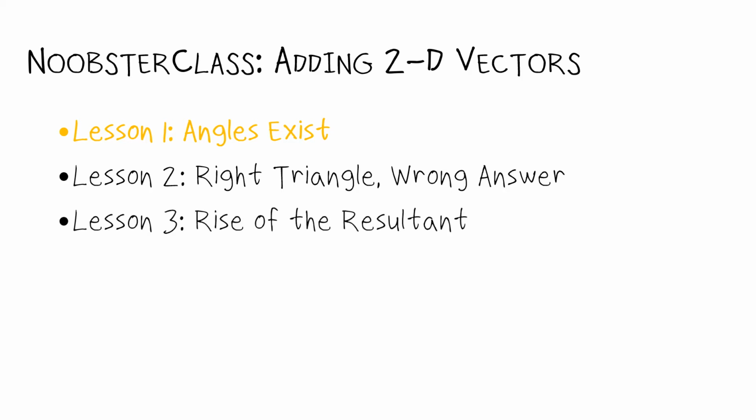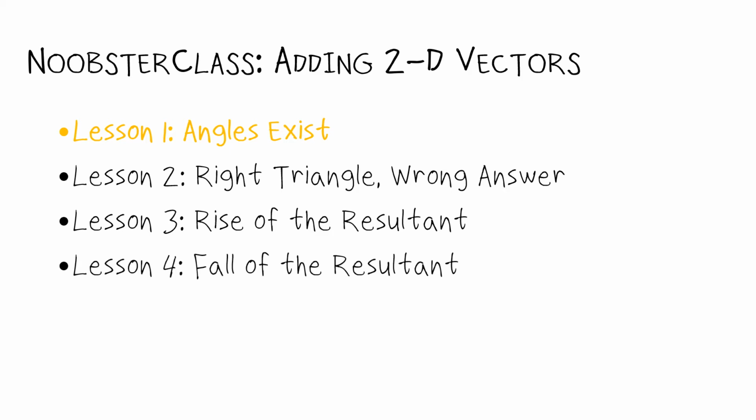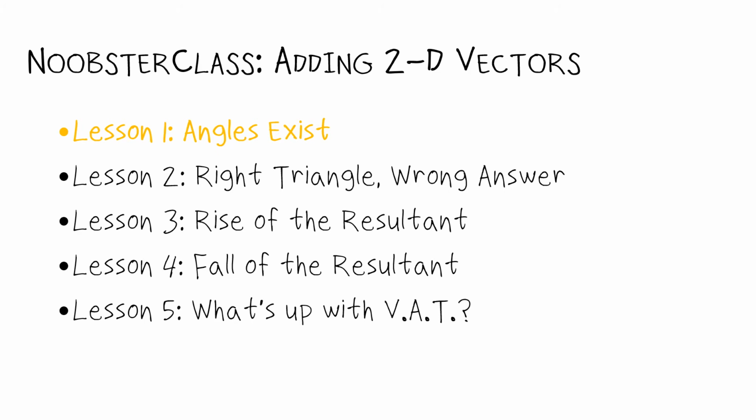We're going to start putting some of those things together then by developing a resultant vector from two perpendicular vectors. Then we're going to reverse that process and break a resultant vector up into two perpendicular components. And then we have all the pieces we need to analyze any number of vectors acting in any direction with the help of the VAT. And we'll have much more to say about that later in the course.